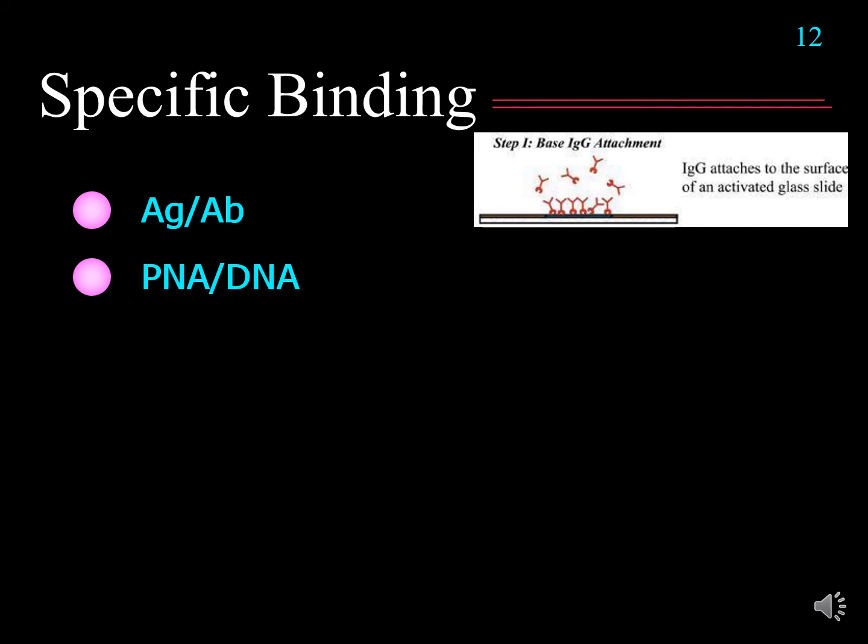We can also use very specific binding to selectively detect something. Specific binding can be found in antigen-antibody systems, or in DNA-PNA or DNA-RNA systems, things like that.